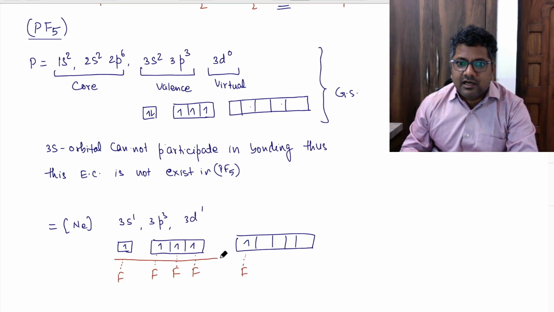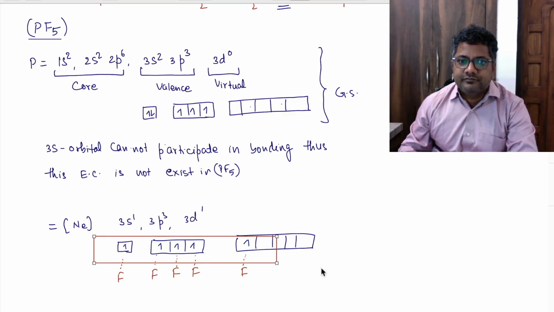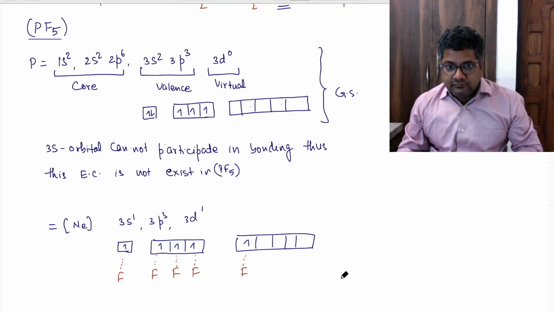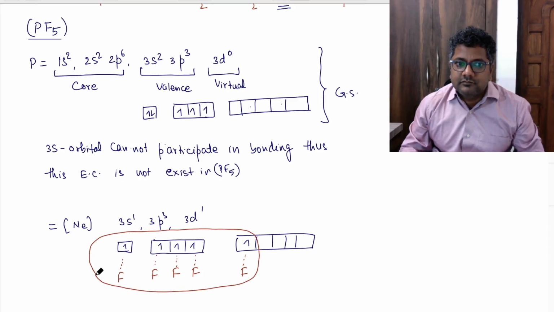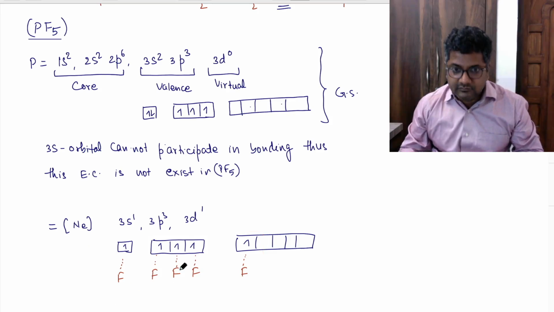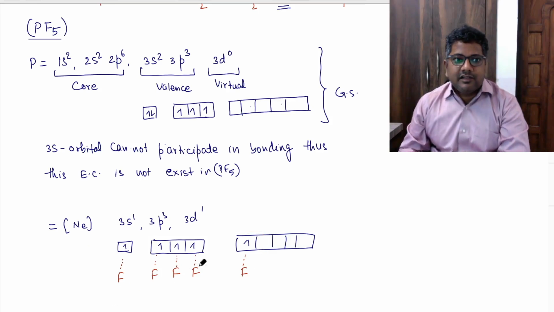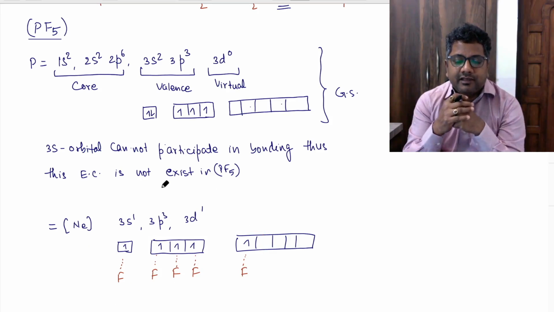So these orbitals are involved in the formation of the PF5 molecule.